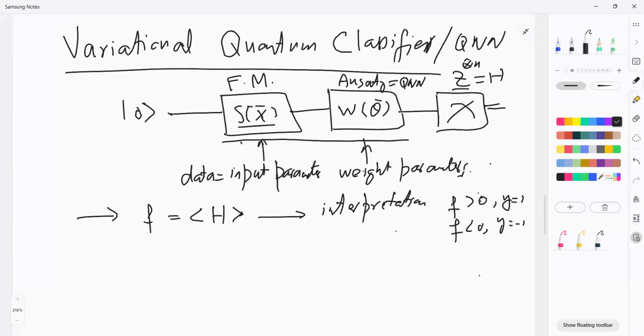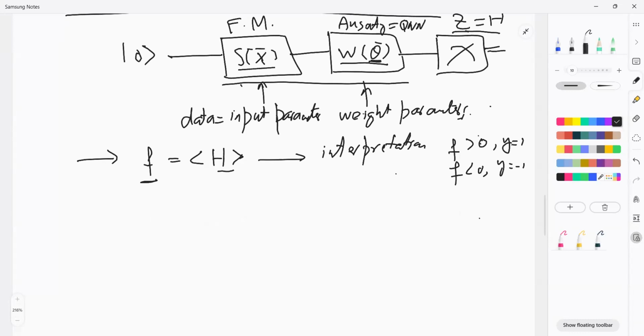So these are the steps. We have a data encoding, a trainable circuit with weight parameters, and then we select a Hamiltonian whose expectation value we are going to measure at the end. Based on the expectation value, we can decide the labels. To update the parameters, we have to define a cost function.